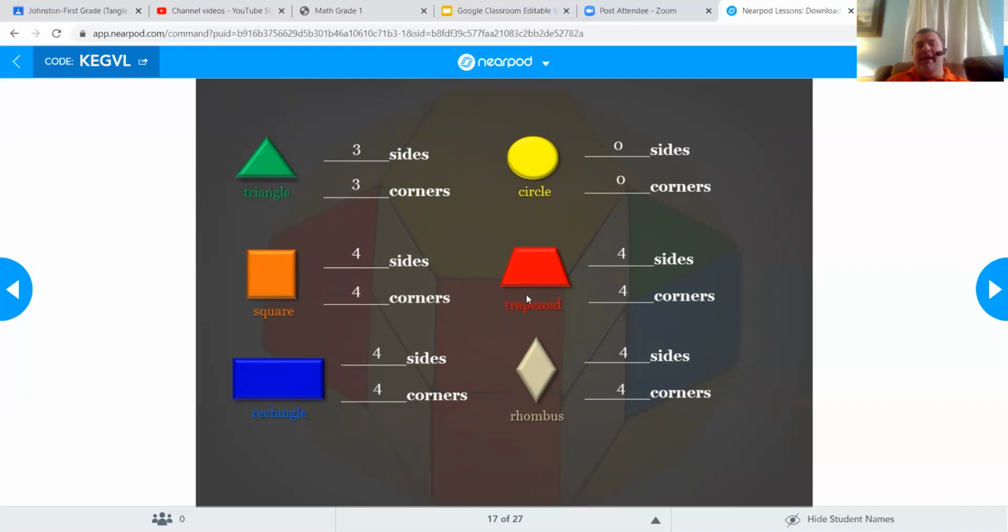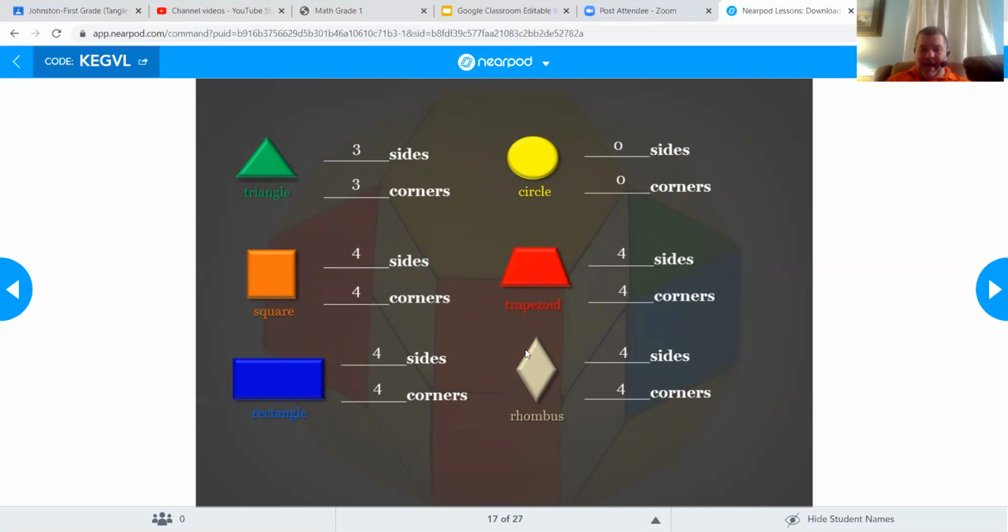Our trapezoid has how many sides? 1, 2, 3, 4, and it also has 1, 2, 3, 4 corners. Our rectangle has 1, 2, 3, 4 sides and 1, 2, 3, 4 corners.